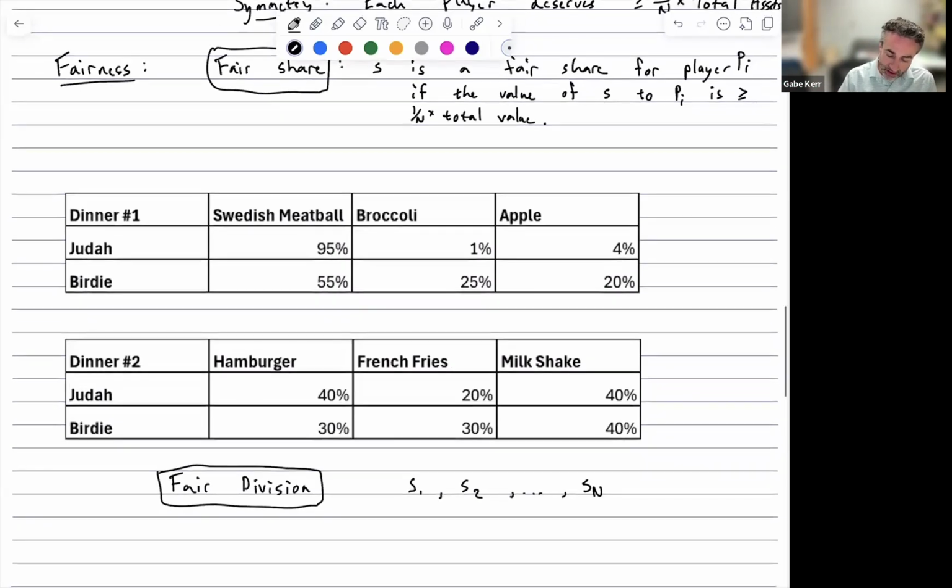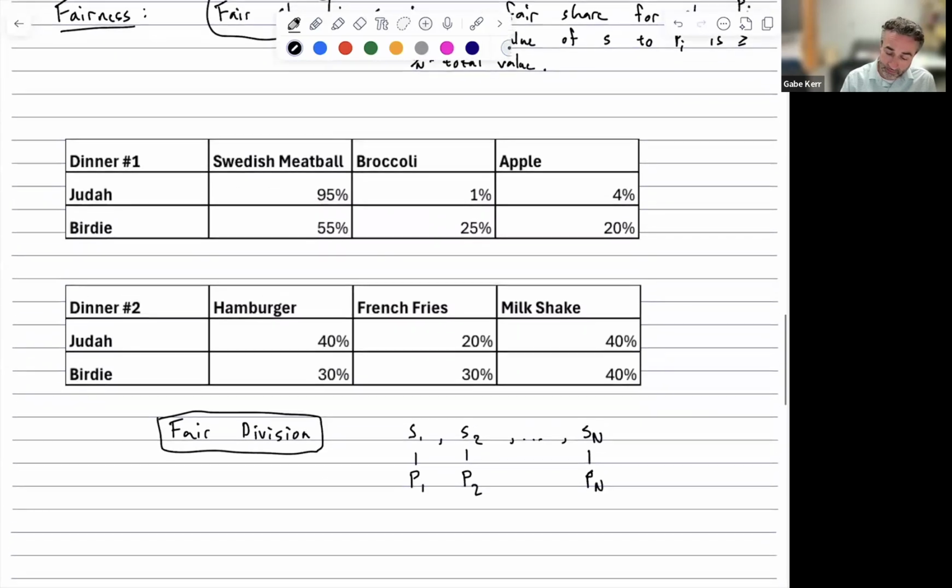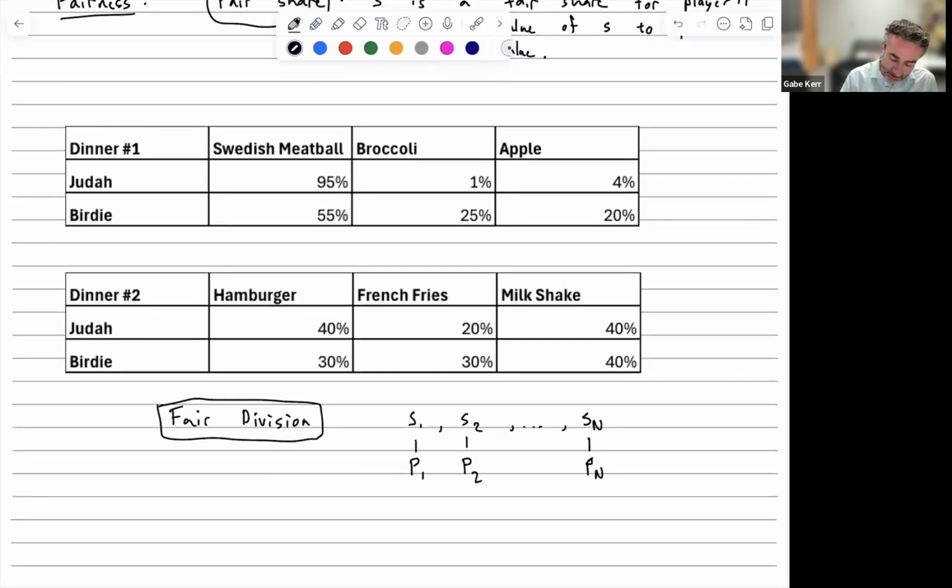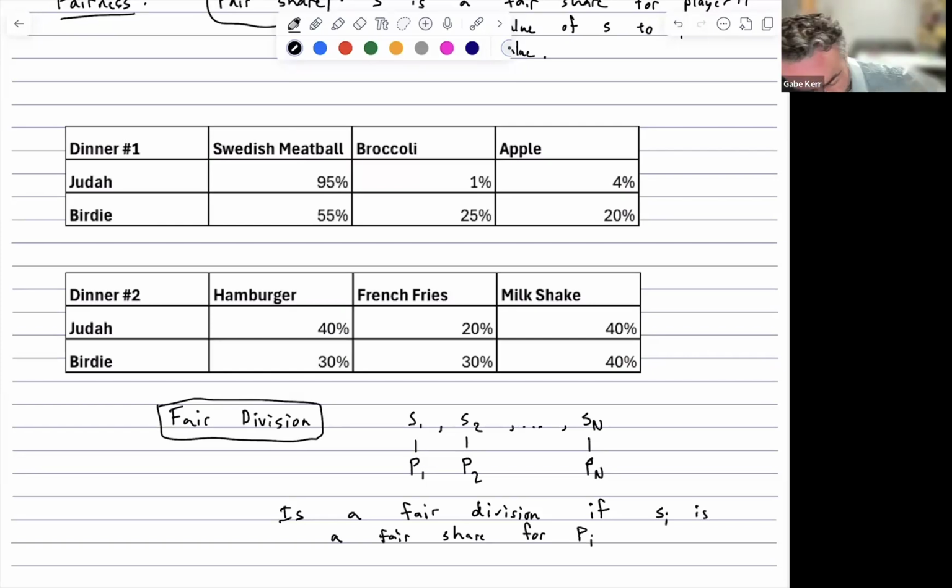And you do it in such a way that the first share goes to the first player, and the second share goes to the second player, and the last share goes to the last player. Okay. And we say this is a fair division if the ith share is a fair share for the ith player. Okay. So it's relative to the players involved. Okay.